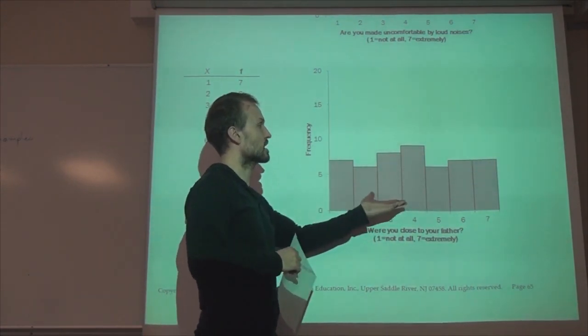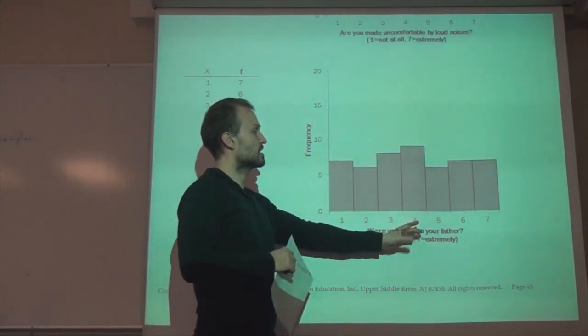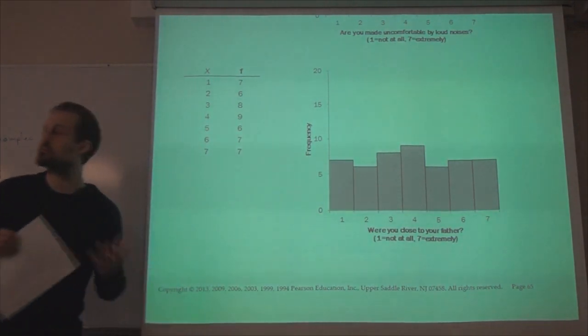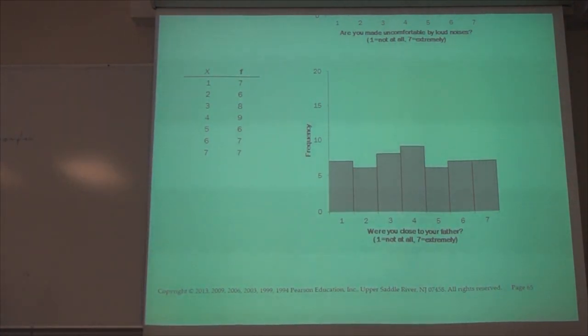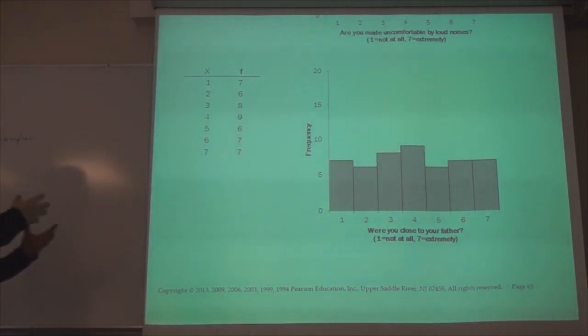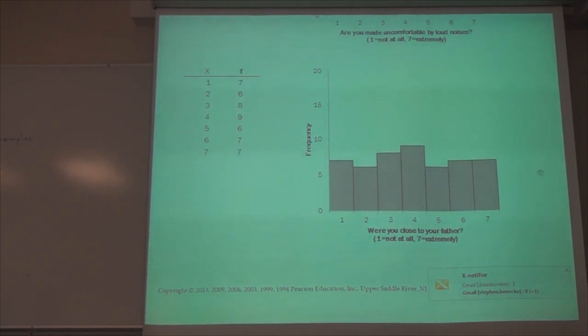I have no real indication that there's one response to this that stands out more than others. So these properties help me to say more about what the variable is and what it represents over my sample or maybe the whole population.